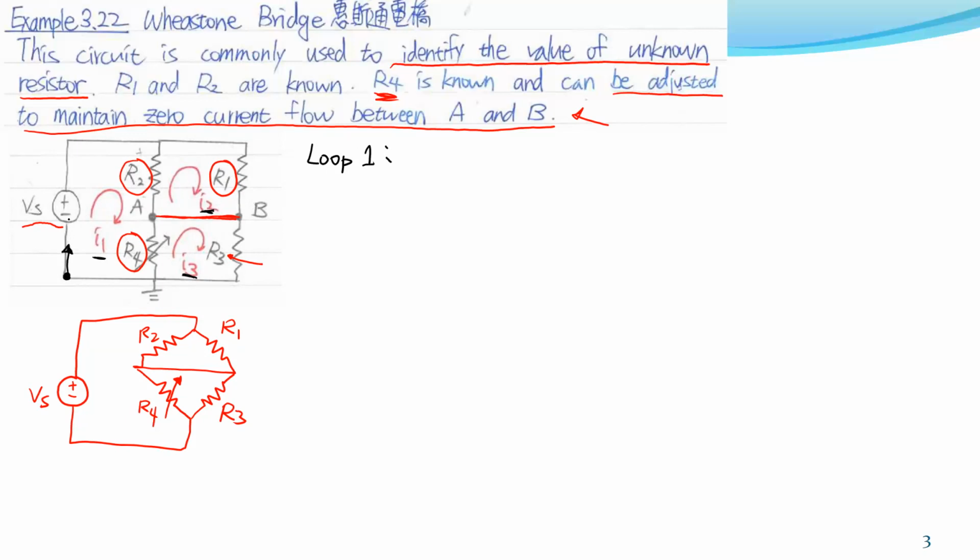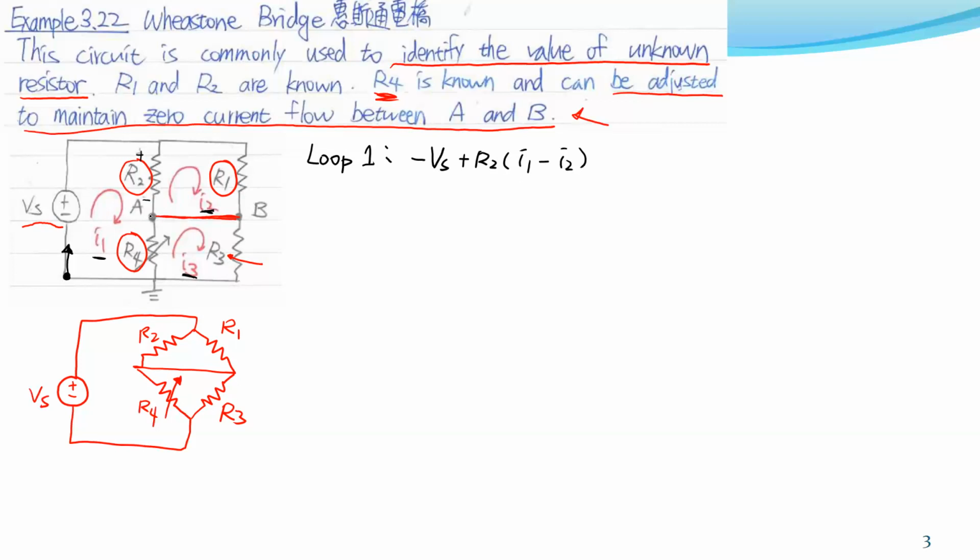We have minus VS, and then R2. This is positive, negative, but R2 is shared by I1 and I2. So we have plus R2 times (I1 minus I2).